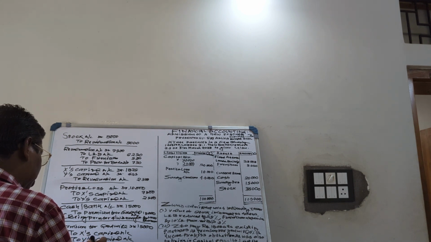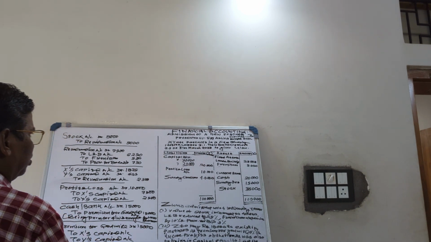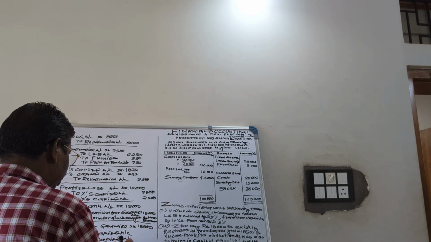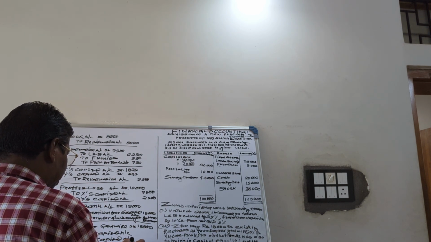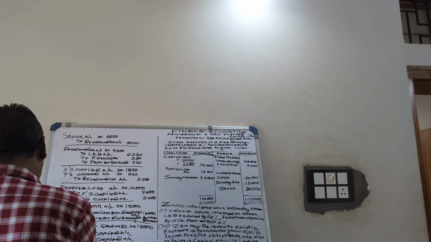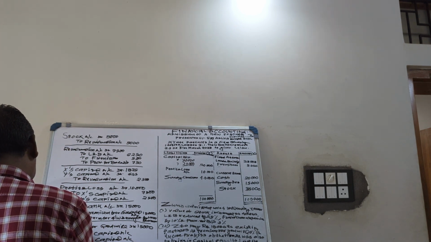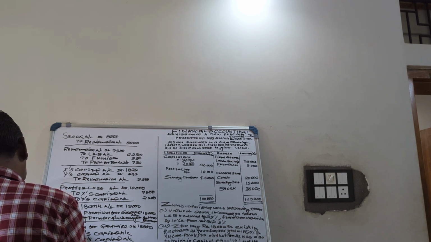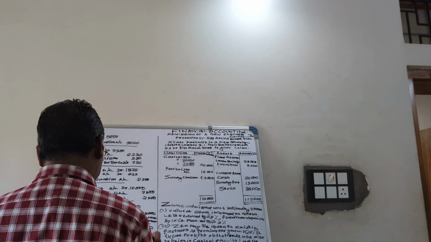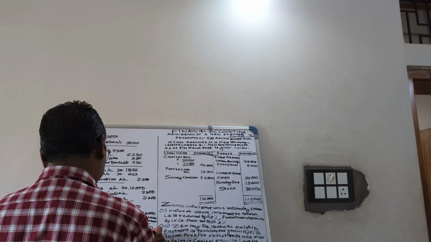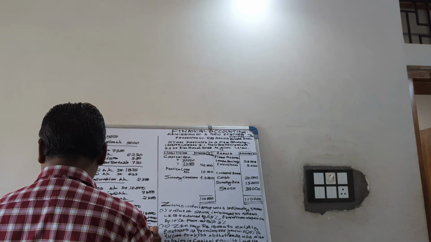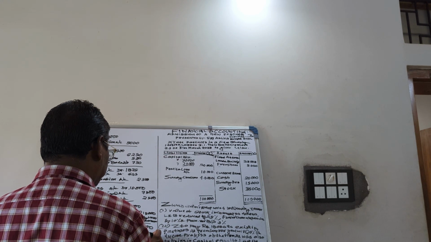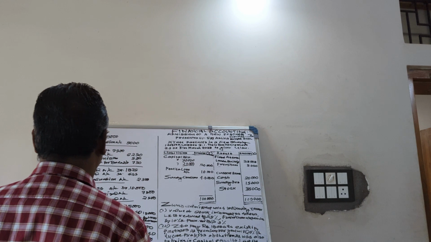Here the sacrificing ratio is equivalent to the old ratio, that is 3:1. So we can calculate that: 15,000 into 3/4, 3,750 into 3, that is 11,250, and here it is 3,750.